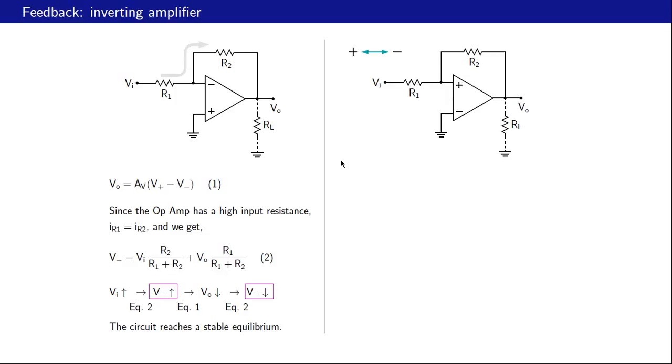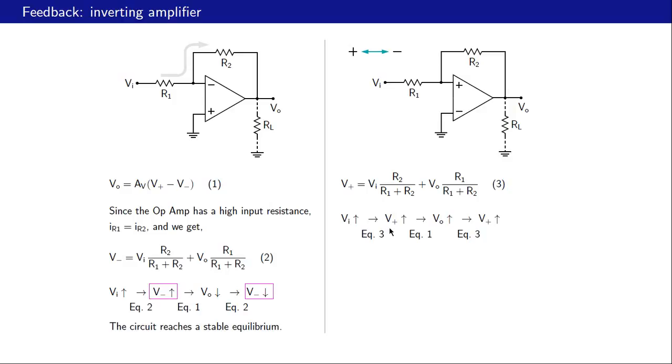Alright, let us now consider this same circuit with the plus and minus terminals interchanged and see what happens. In this case, V plus is given by this equation here, similar to this equation. Now let us imagine that Vi has increased. What would happen as a result? V plus would increase by equation 3.